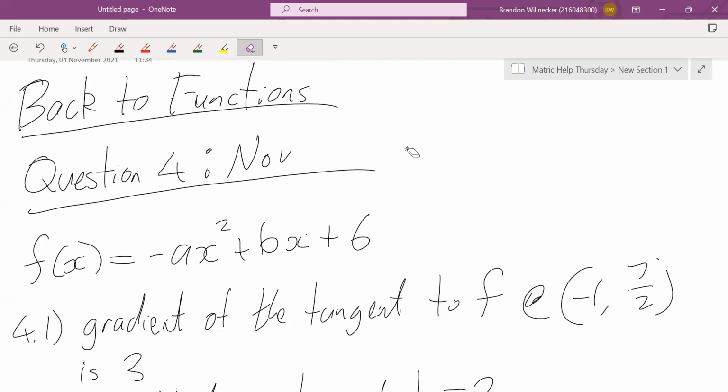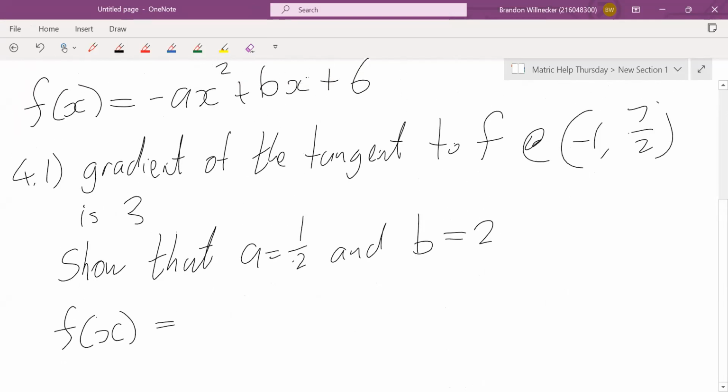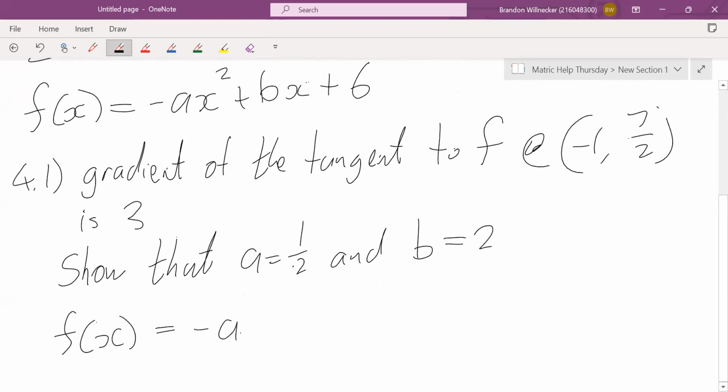Sorry, no, it is November 2017. Okay, so we want to show that a is equal to 1/2 and b is equal to 2. So we derive what we're given. So f of x is given as minus ax squared plus bx plus 6.